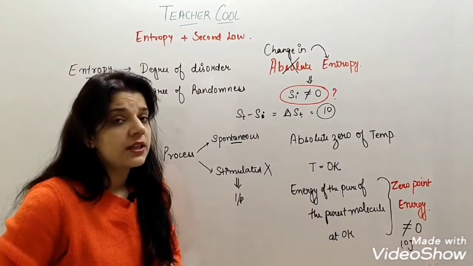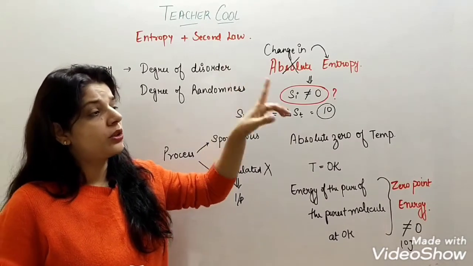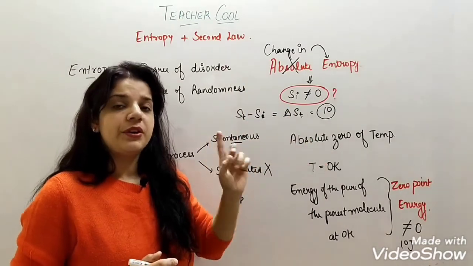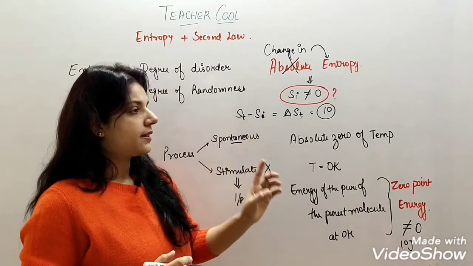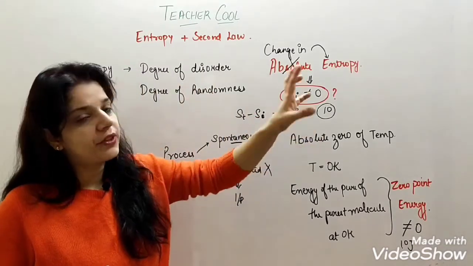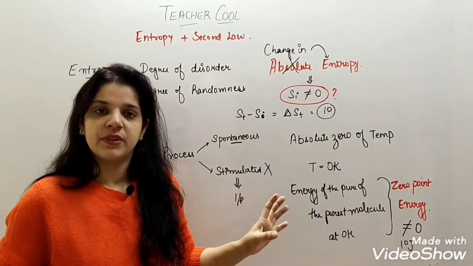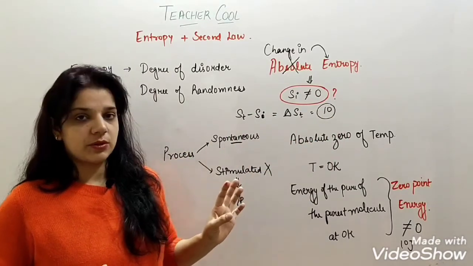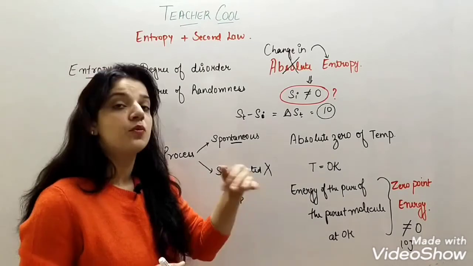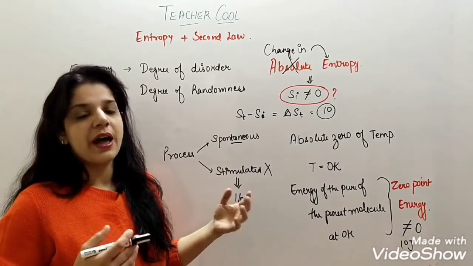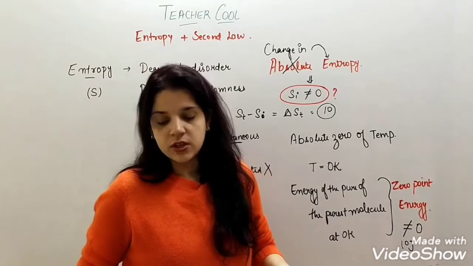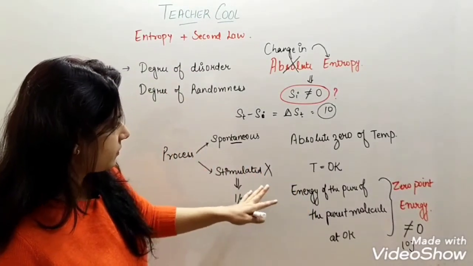We will never say that entropy of that molecule is this. We will always talk like this, that the change in entropy of that system in that interval of time is this. There is no concept of absolute. I hope it is clear to you why it is not possible to have the absolute entropy. So this was the reason, right?